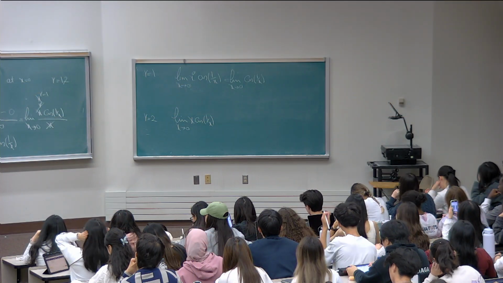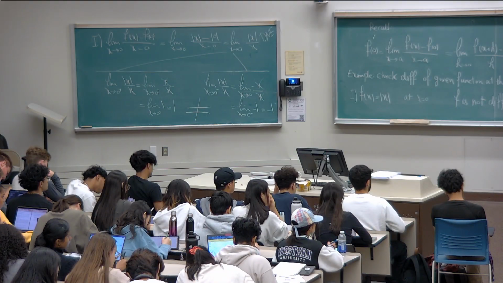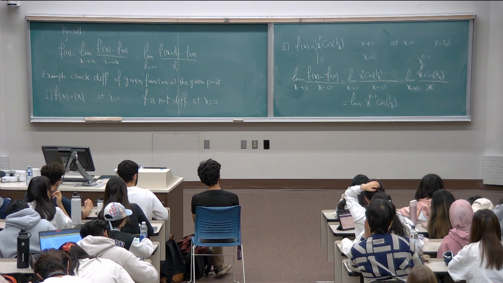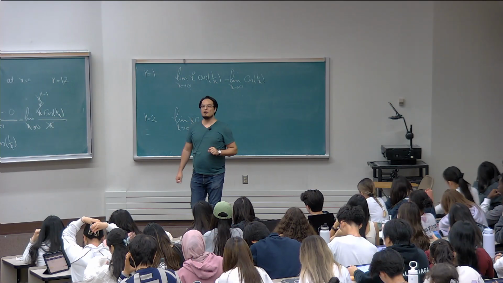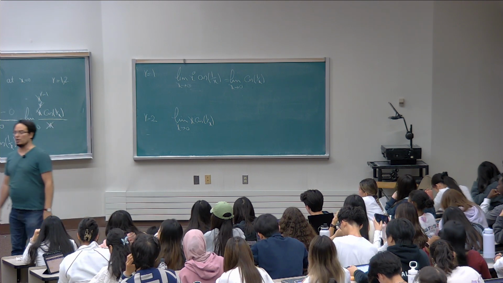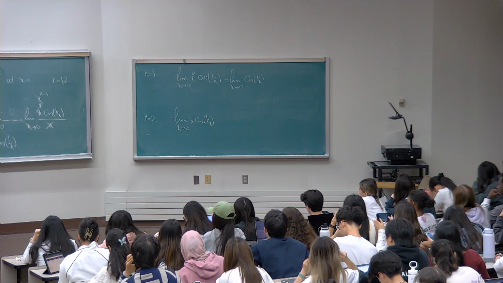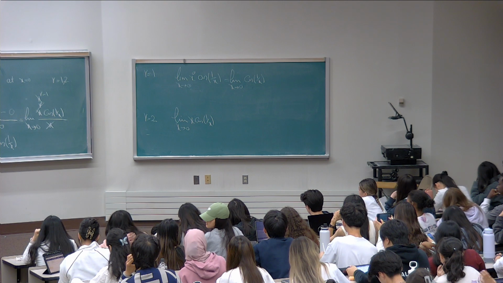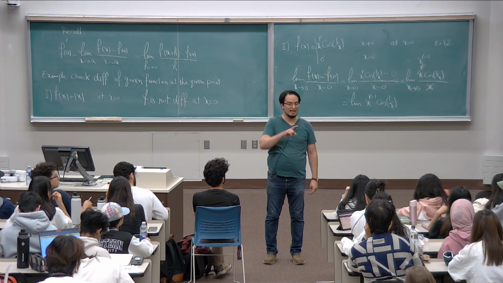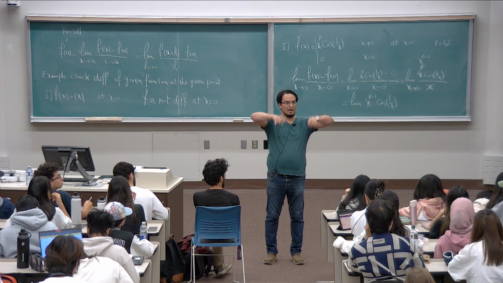Now, I need to check these ones. Do you know what that limit is? Limit of cosine of 1 over x as x approaches 0. Cosine of 1 over x. Yes, that is the example that we had.